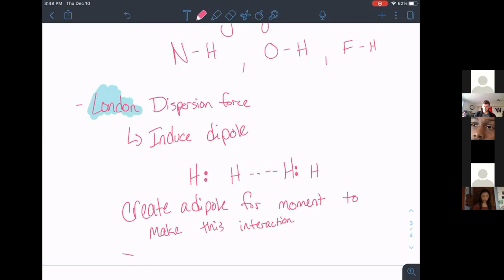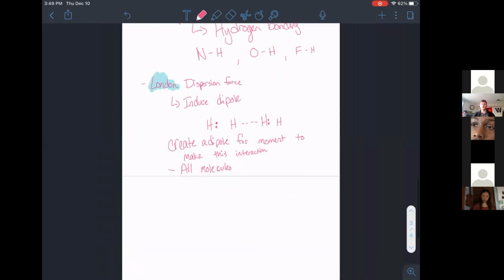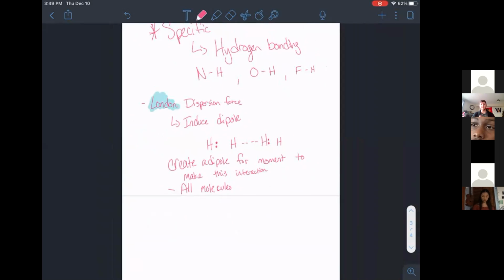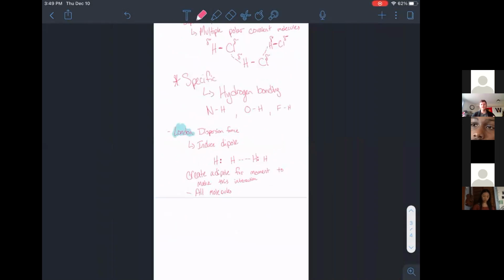So this is between all molecules. So no matter what, there has to be London dispersion forces. There can be London dispersion forces and dipole-dipole. There can be London dispersion, dipole-dipole, and hydrogen bonding. There can be all of those, but there always has to be those London dispersion forces.